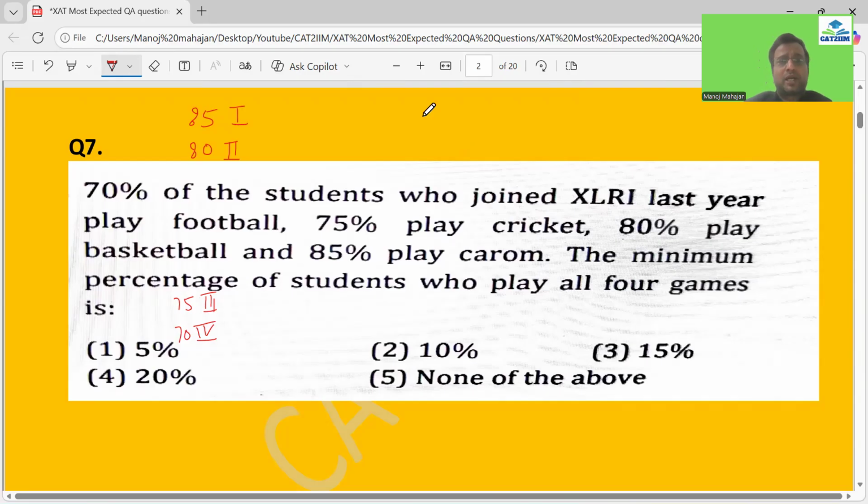So what I'm looking at, in terms of percentage, it would be 100% of the students in the XLRI if I talk about. So let me put the numbers out here 1, 2, 3, and so on till 100, let's say.